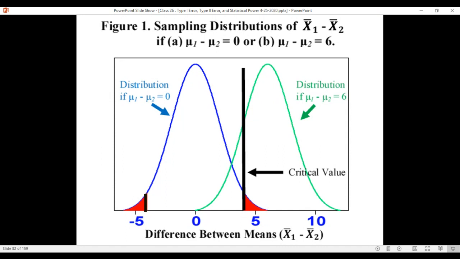Now on the left is the sampling distribution of the difference between two means when the null hypothesis is true. We have been using this sampling distribution a lot so far. What is the mean of this sampling distribution on the left? Ask yourself that.